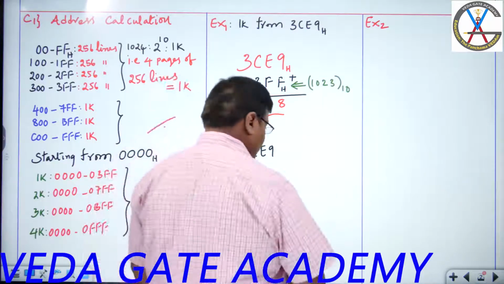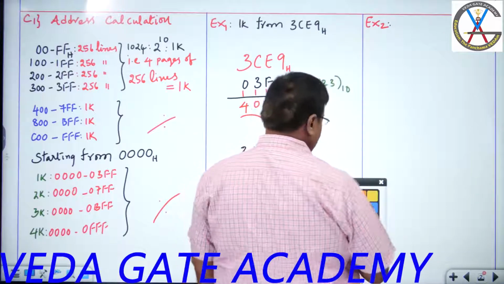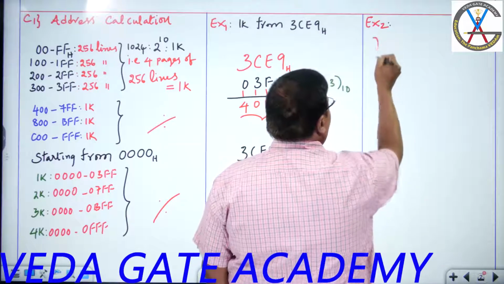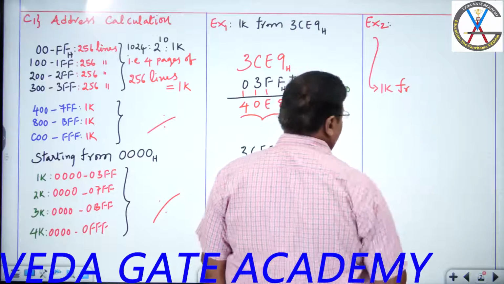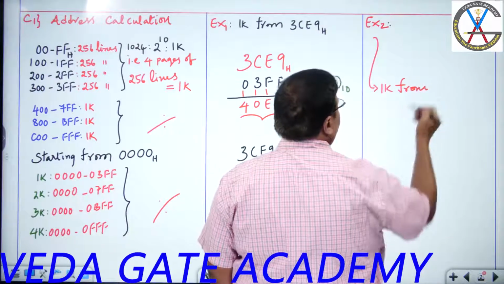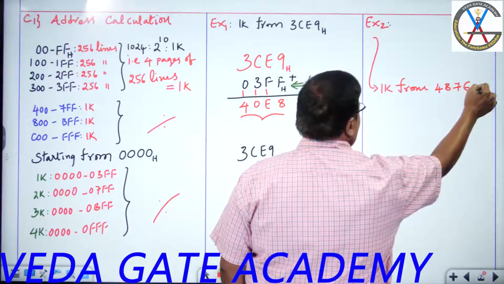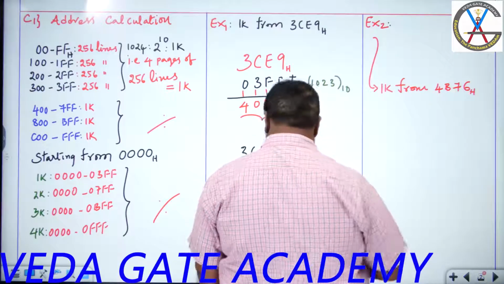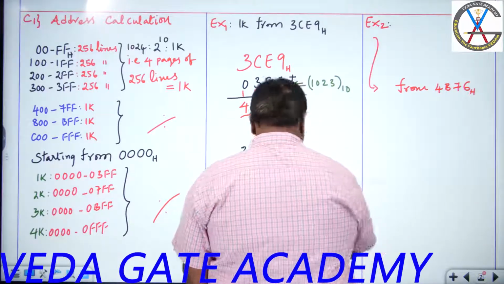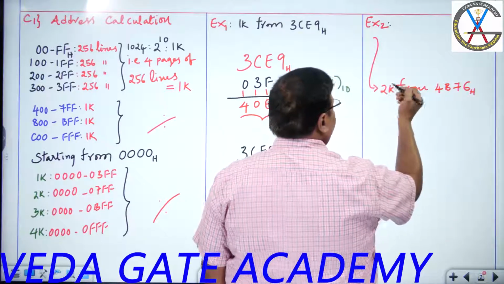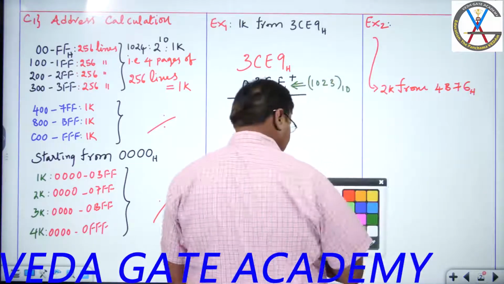Now, I have another example: 2K from 4B76 hexadecimal. 1K we already calculated, no? Yes, please. Let's start calculating.